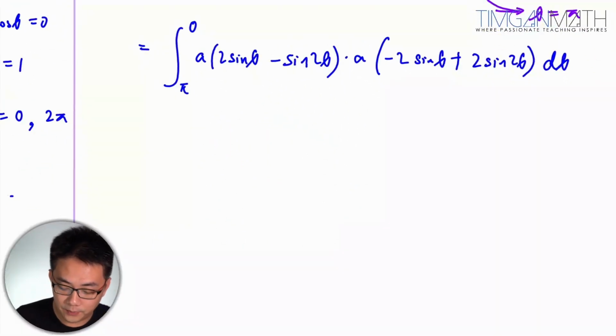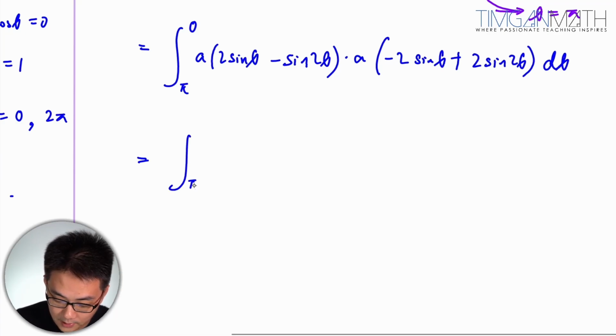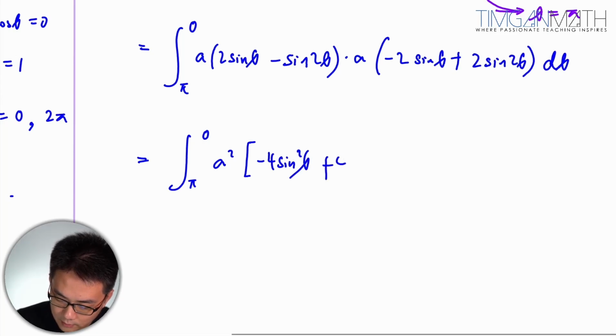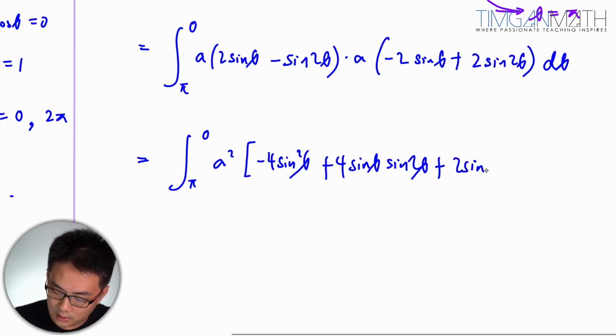So once done, I'm just gonna group the a together, and this is pi to 0, this is a square. This is minus 4 sine square theta plus 4 sine theta sine 2 theta plus 2 sine theta. Just expand it, and this will just be minus 2 sine square 2 theta d theta.